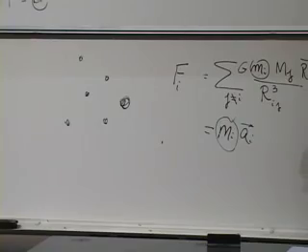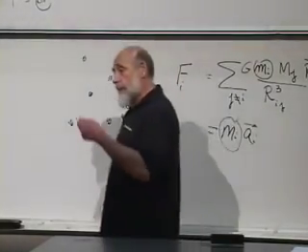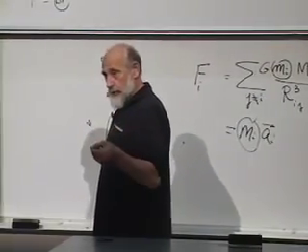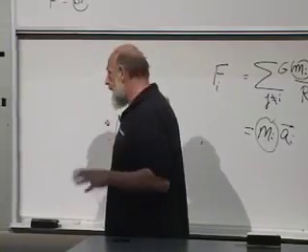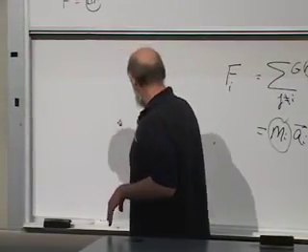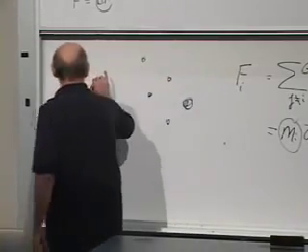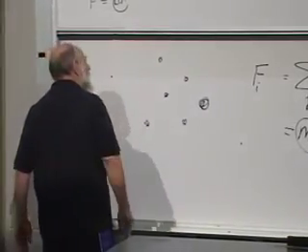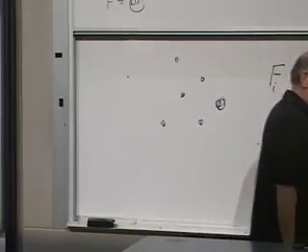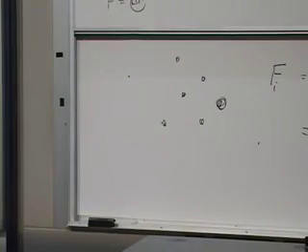And the way you define it is as follows. You imagine one more particle. You can take it to be a very light particle so it doesn't influence the motion of the others. Add one more particle in your imagination. You don't really have to add it. In your imagination, ask what the force on it is.